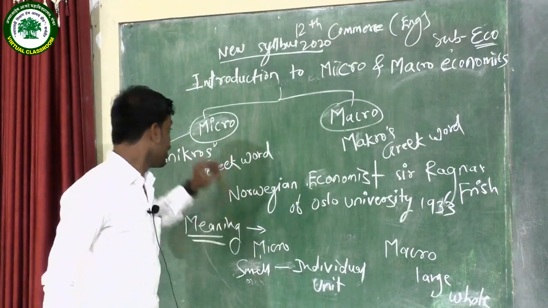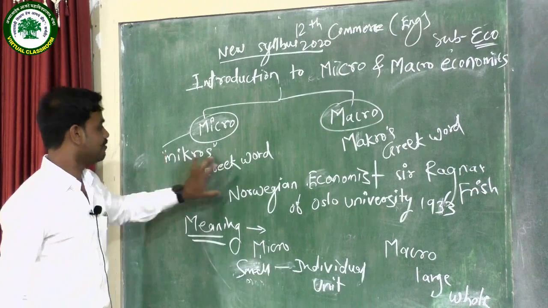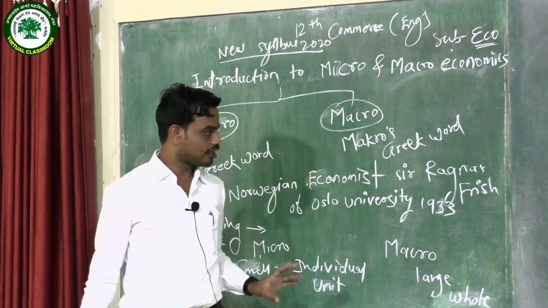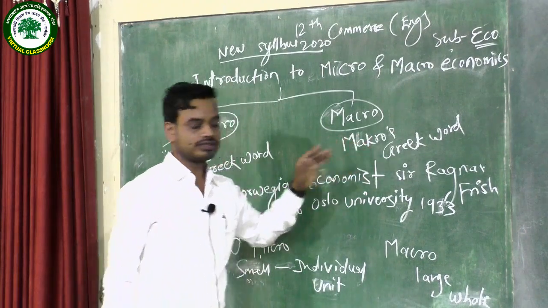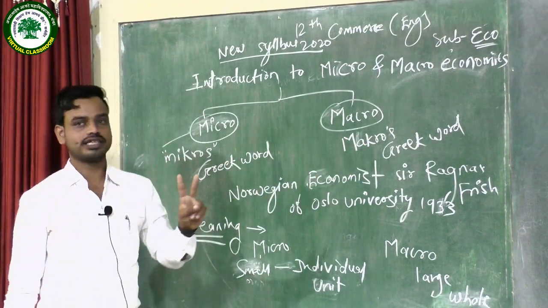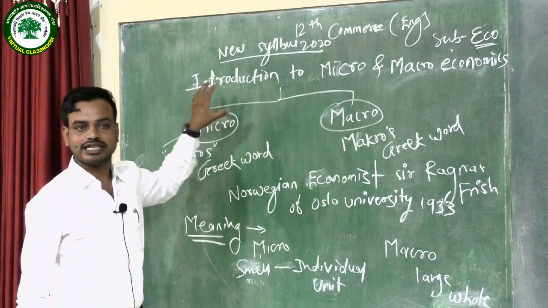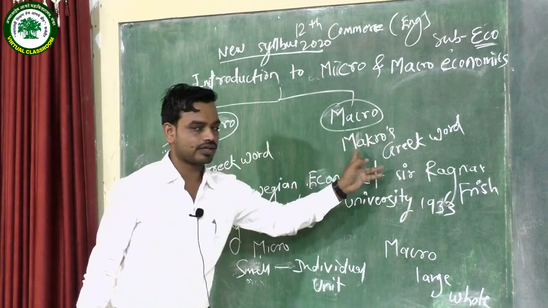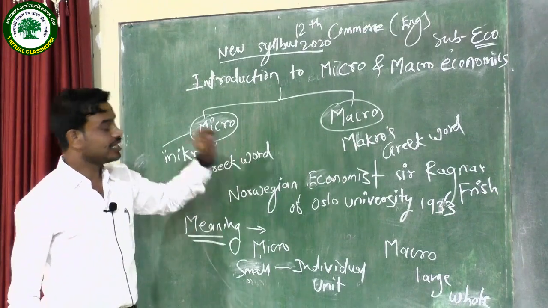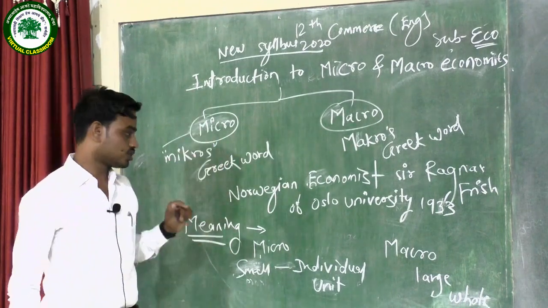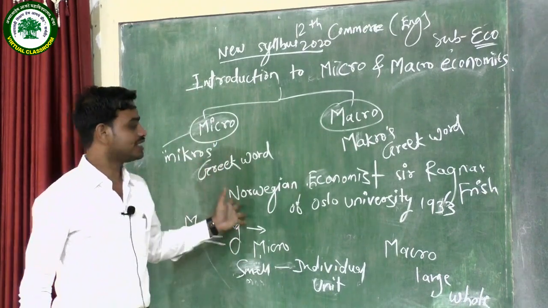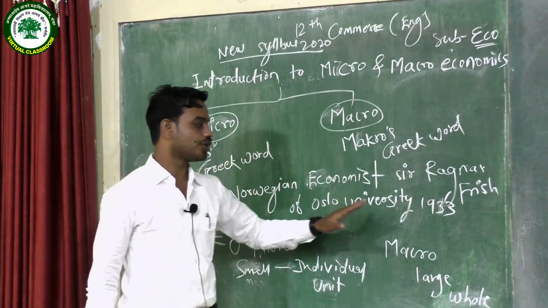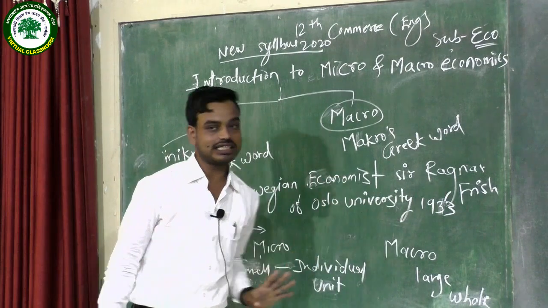Second, the word micro is derived from the Greek word micros and the word macro is derived from the Greek word macros. Third, these terms were coined by the Norwegian economist Sir Ragnar Frisch of Oslo University in 1933.